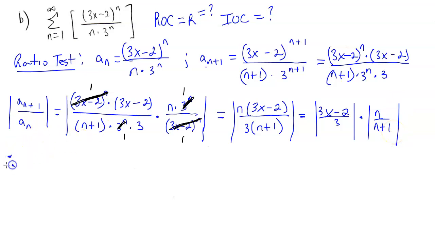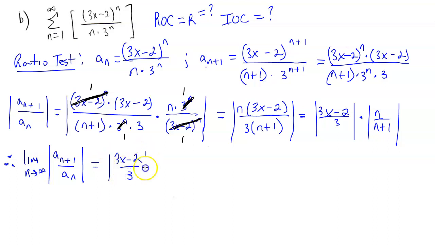Therefore, when we take the limit as n approaches infinity of a sub n plus 1 divided by a sub n, since x looks like a constant to this limit operator, we can put the absolute value of 3x minus 2 divided by 3 on the outside.